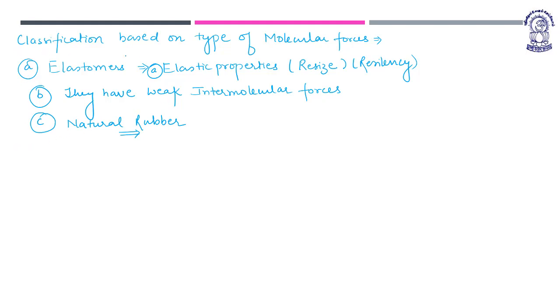Then comes the second category, which is fibers. These are polymers which have strong intermolecular forces between the polymerized chains.